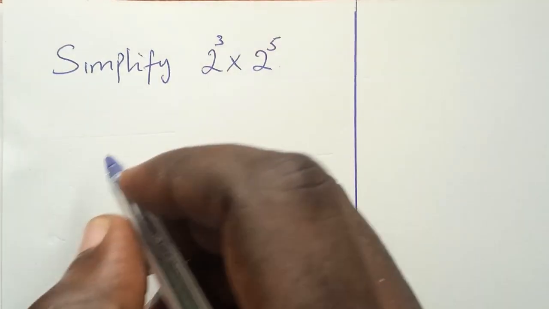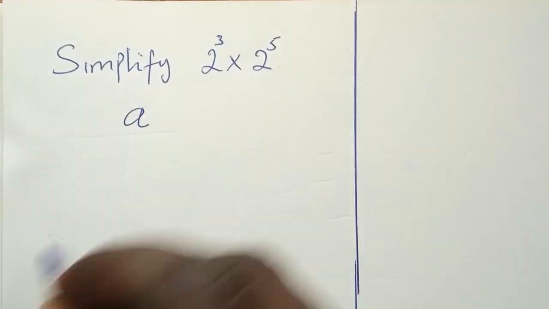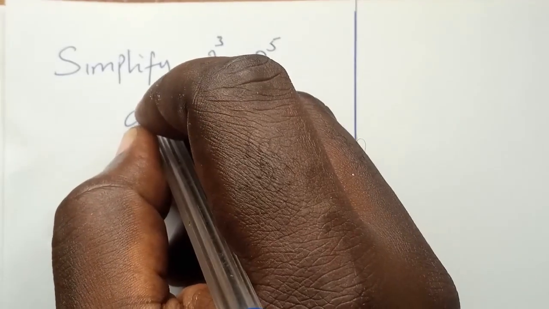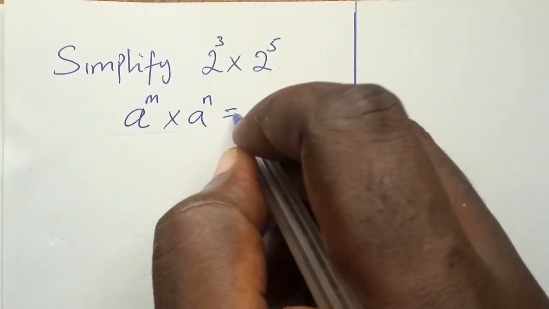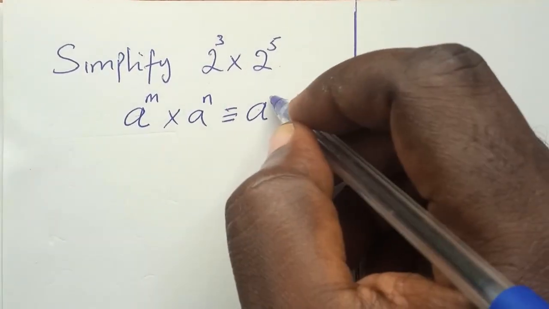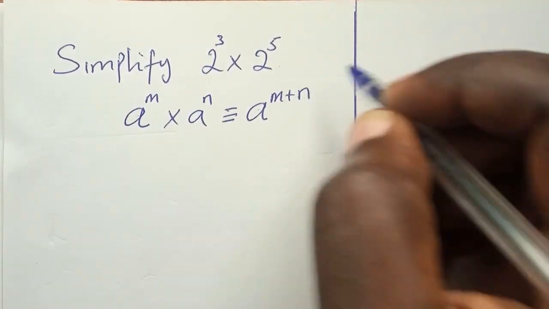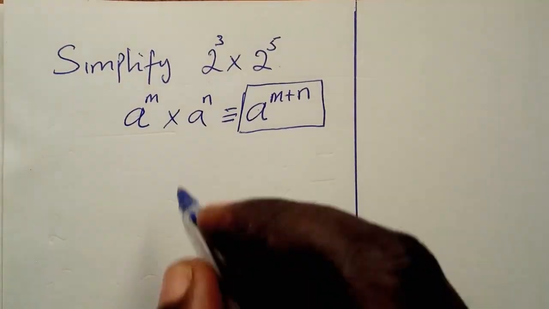In other words, if we use an example as a raised to the power m times a raised to the power n, then it is the same as taking one of the base and adding their powers as m plus n.